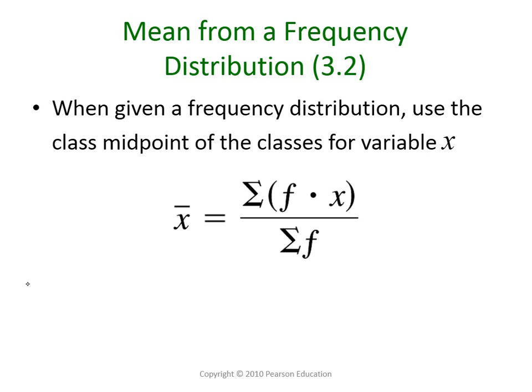Well, if you're trying to take that frequency distribution and figure out what is the center of that, then the way we calculate that is the mean of a sample.